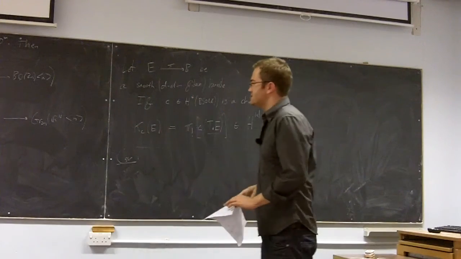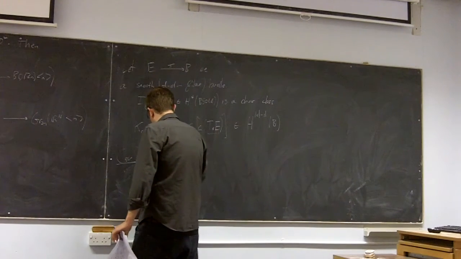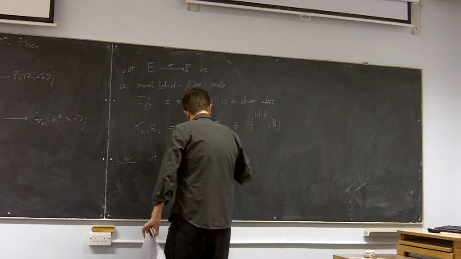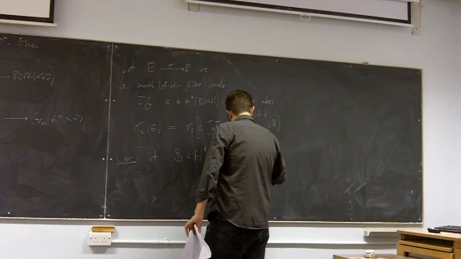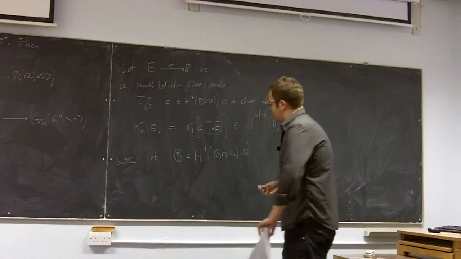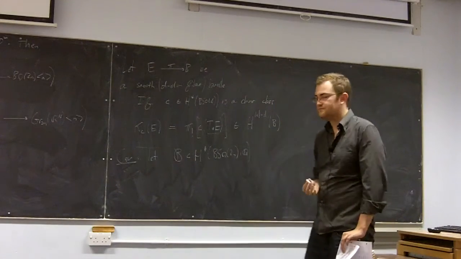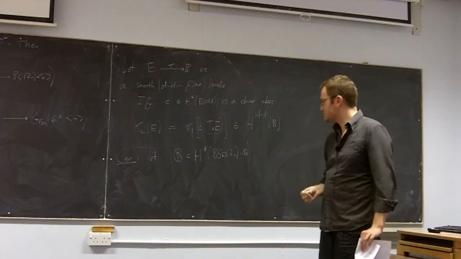Now the corollary to this theorem that I like to say is, let's see, let B inside the cohomology of BSO(2n) be a certain set of monomials in the generators there.